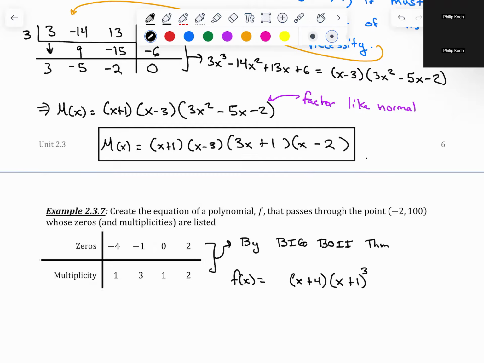Then we know that 0 is a root. So x minus 0 is a factor. But it's also raised to the first power because the multiplicity on 0 was 1. And last but not least, since 2 is a 0 of the polynomial, x minus 2 should be a factor, but it's going to be squared because it has multiplicity 2.